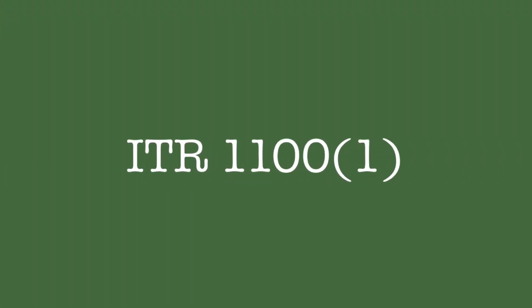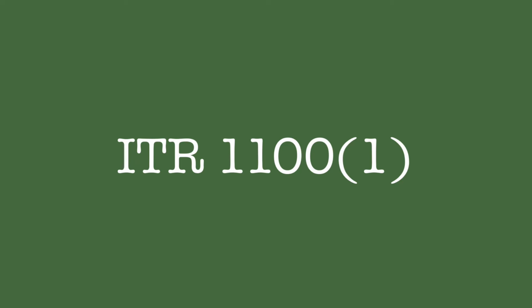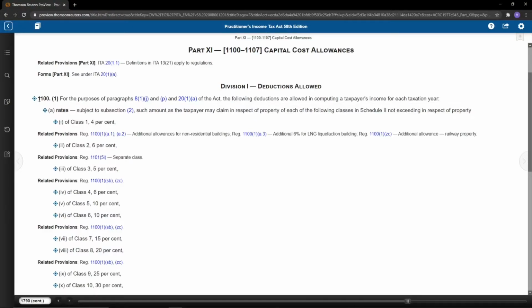Please navigate to Regulation 1100, subsection 1. When you get to Regulation 1100(1), it'll start off by saying for the purposes of paragraph 18(1)(a) and 20(1)(a) of the Act, and 20(1)(a) is where we are coming from, the following deductions are allowed in computing a taxpayer's income for each taxation year.